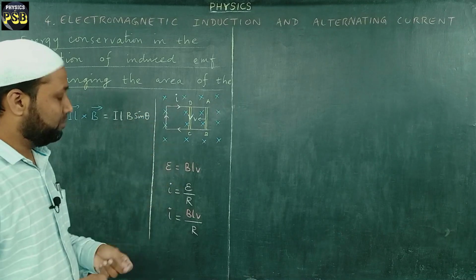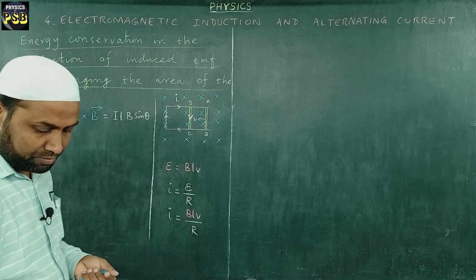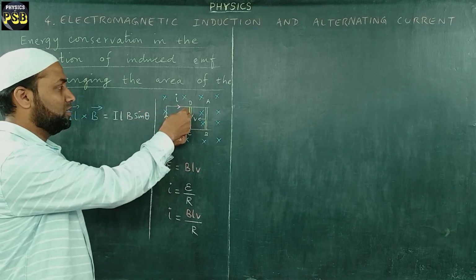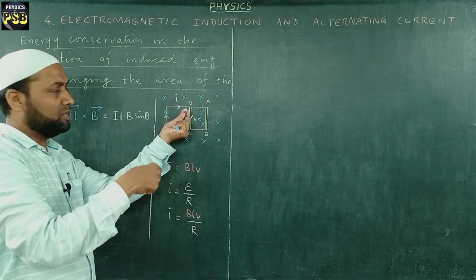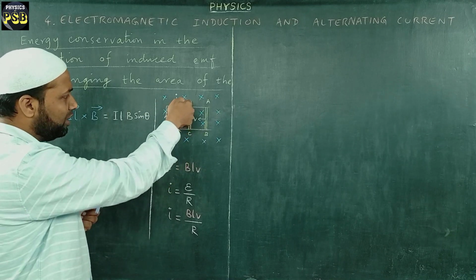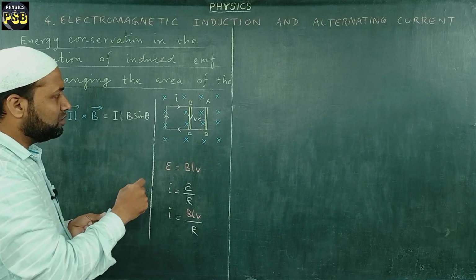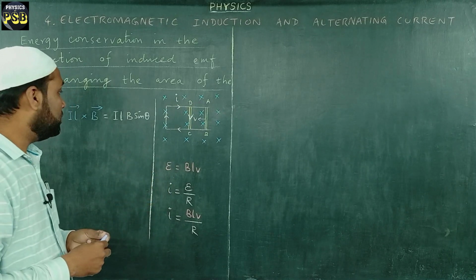According to the diagram, the magnetic field acts in this direction and current flows in the downward direction. That means they act perpendicular to each other.